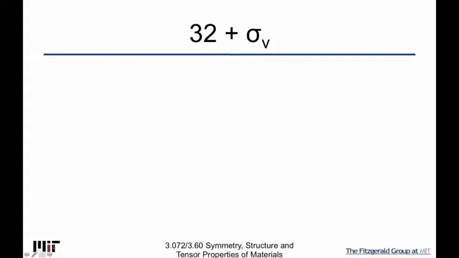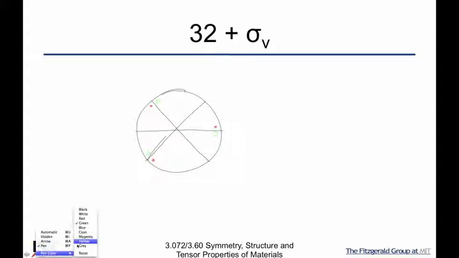The vertical plane, I think you can see pretty quickly that if we just look at our motif, that's the original motif. And now I place a vertical plane in here, as we did before. What we see is this gets over there.